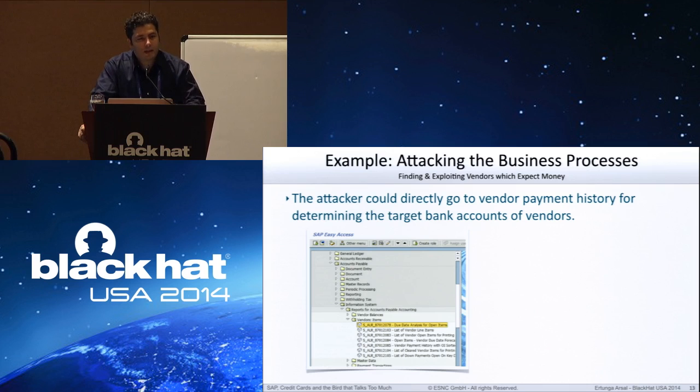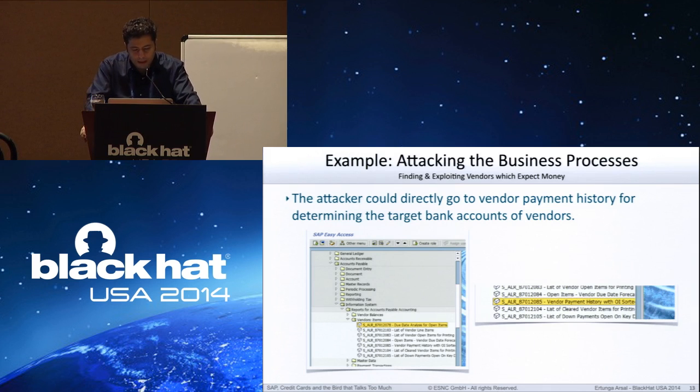They are not paying an individual invoice for each person's mobile phone, from the company mobile phones. So in this case, these processes are in the SAP system. So what can an attacker do? The attacker can first go to the payment history of the vendors and try to find out which vendors have the most volume.